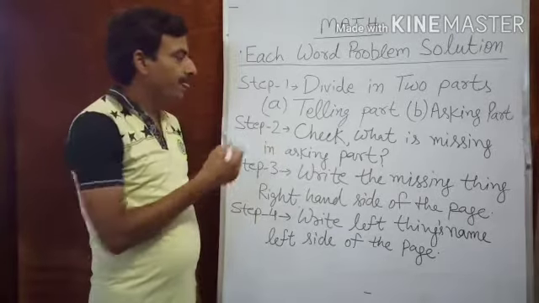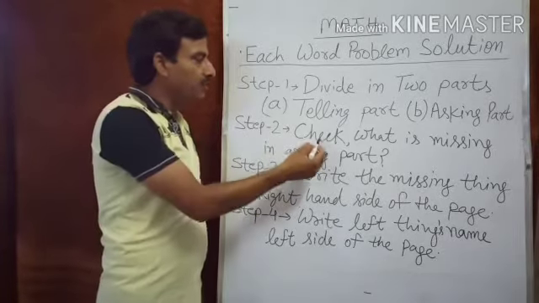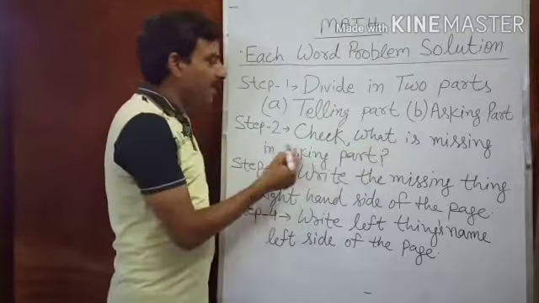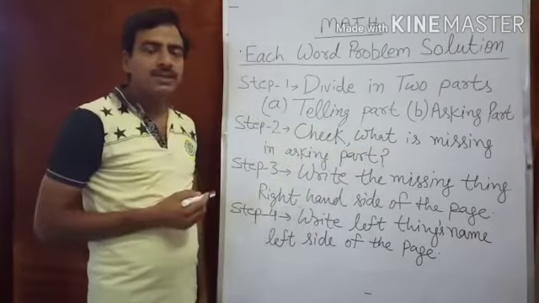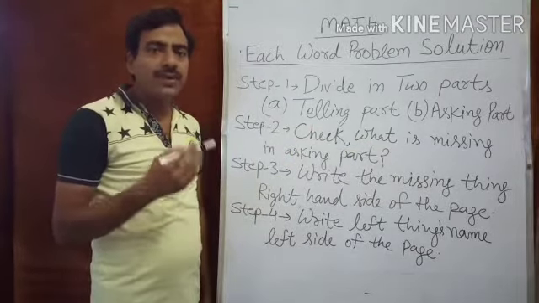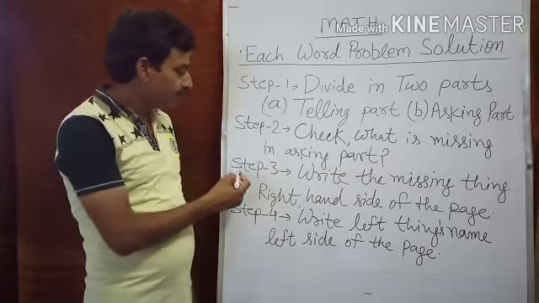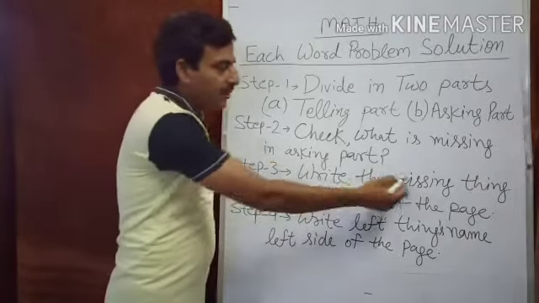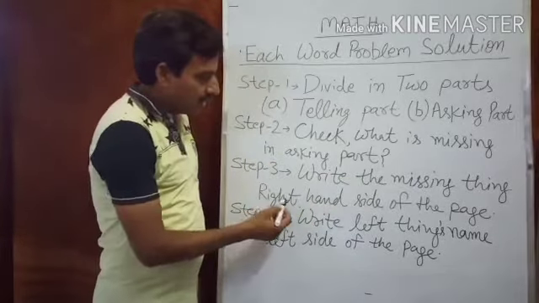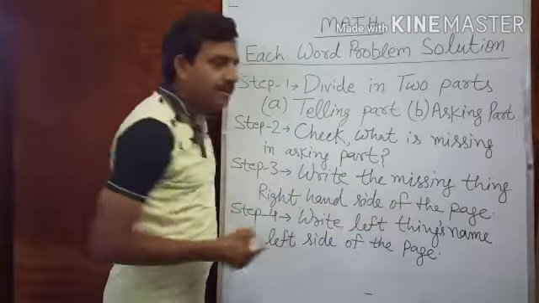Step 2, check. You have to check what is missing in the asking part. Means in the asking part, which thing the question is asking you. Step 3, write the missing thing on the right hand side of the page.